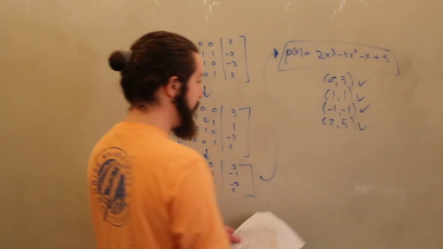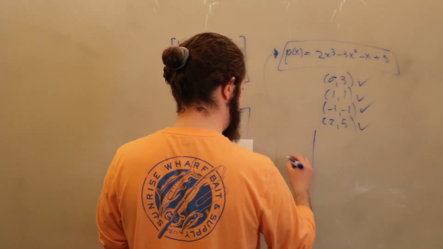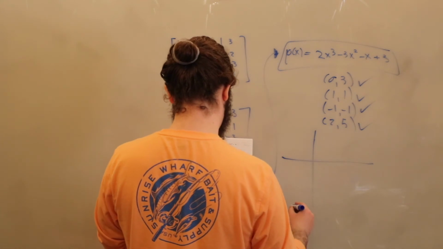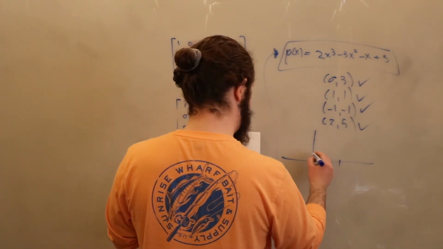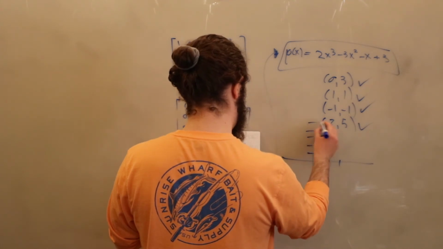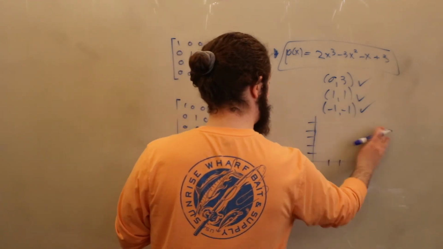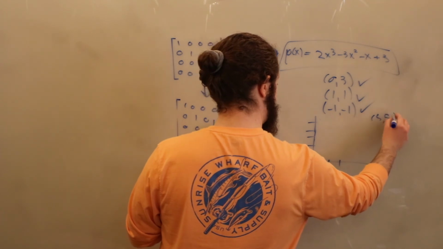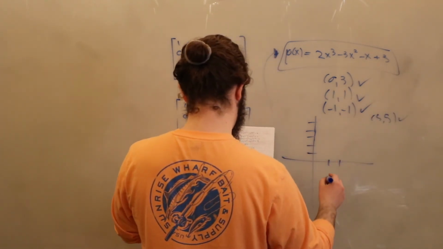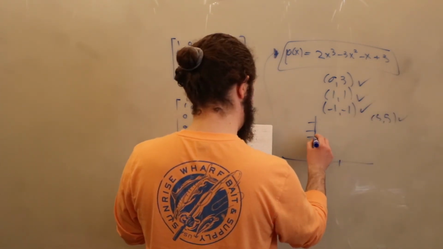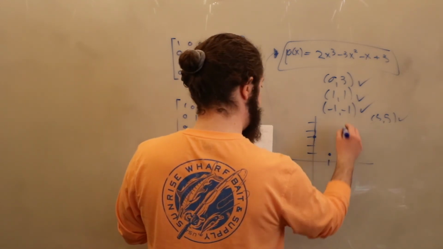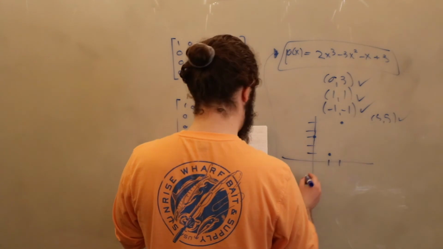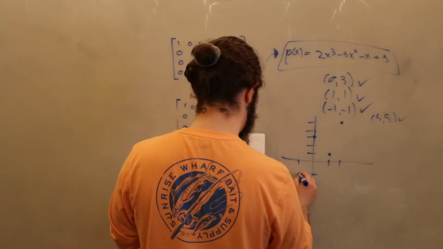And if you were to graph this too, it's going to look something like the following. So if we put our points on here, 2, 3, 4, 5, then we would have 0, 3 is right here, 1, 1 is right there, 2, 5 is all the way up here, and negative 1 is right here.